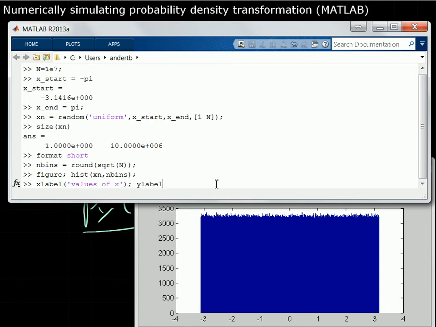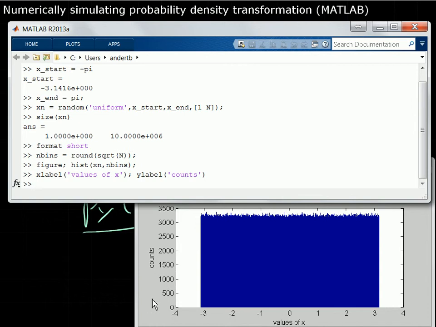On the vertical axis, we see the counts, how many x values fell into a particular bin, where there are basically square root of 10 million different bins distributed over our x values. So this verifies that we set up our input variable x according to the desired density.